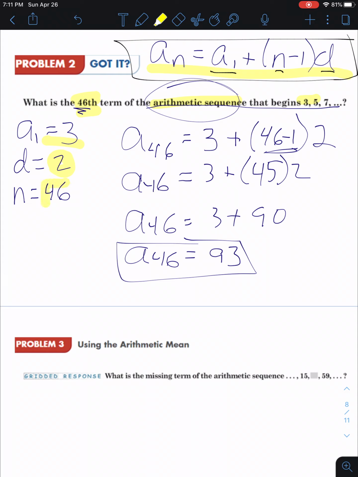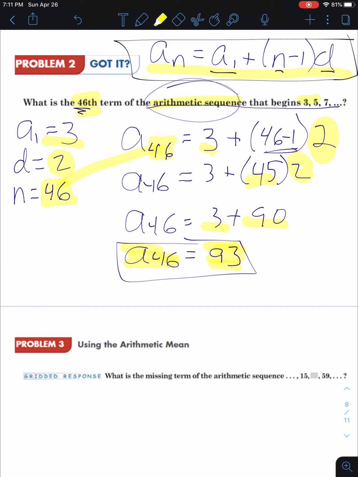We were specifically looking for the 46th term. So the 46th term was the first term, 3, plus 46 minus 1, or 45, times that common difference, 2. 45 times 2 is 90, and you add that first term, and 90 plus 3 is 93, and that's how we got the 46th term to be 93.